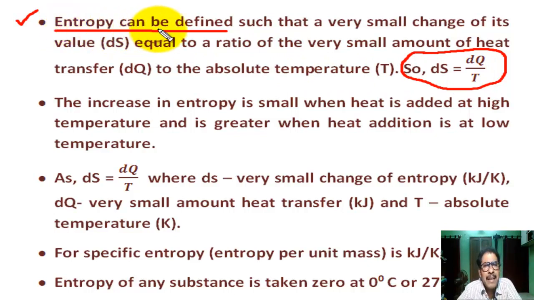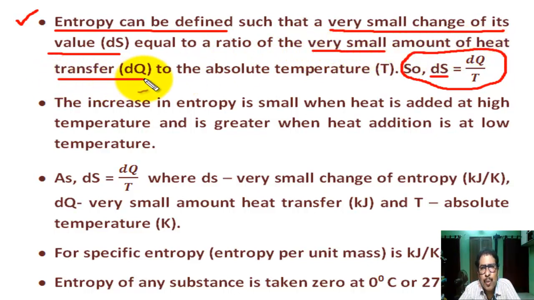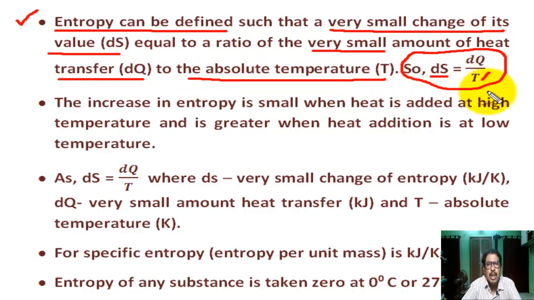So entropy can be defined such that a very small change of its value, dS, equals the ratio of the small amount of heat transfer dq to the absolute temperature capital T. So dS equals dq by T: change of entropy equals small amount of heat transfer by absolute temperature. Okay.